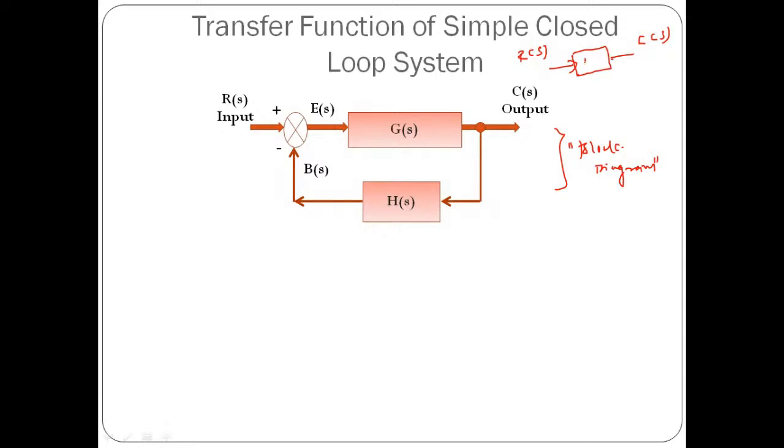And what is the gain available over here? That is nothing but its transfer function. So how to find the value of this TF, transfer function of the system?